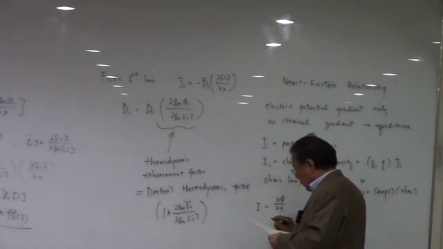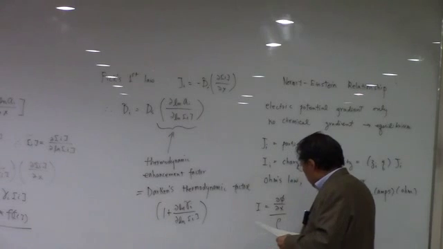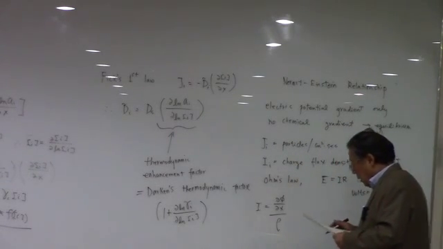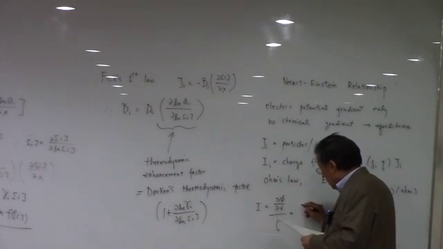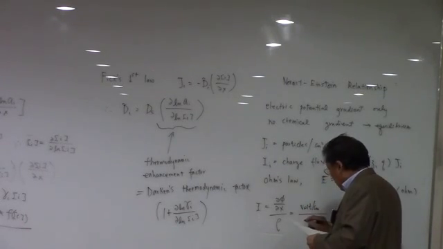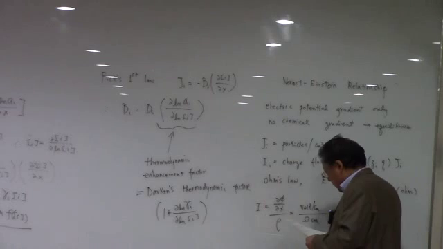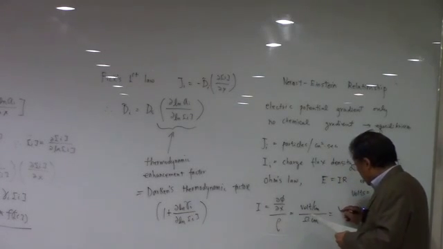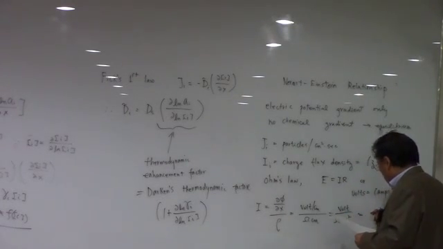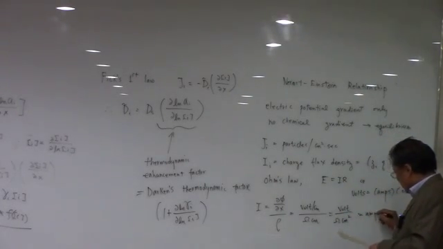That is the field, and there's a volt per centimeter and ohm centimeter, so that volt per ohm centimeter square is amps per centimeter square.